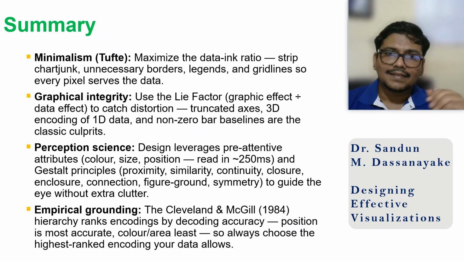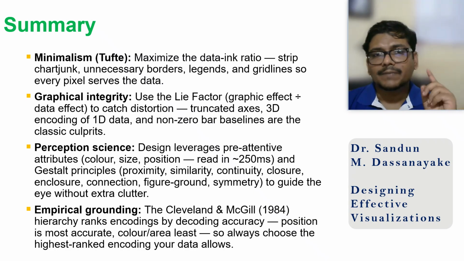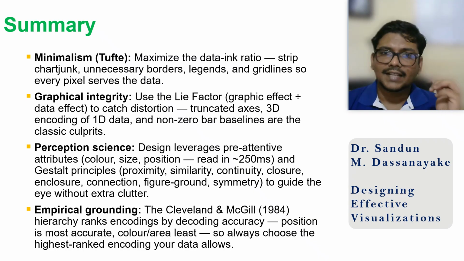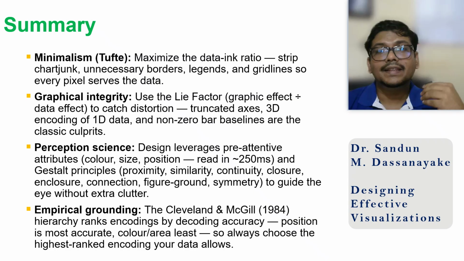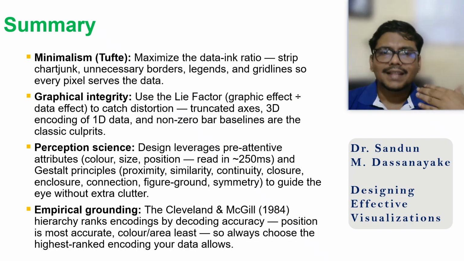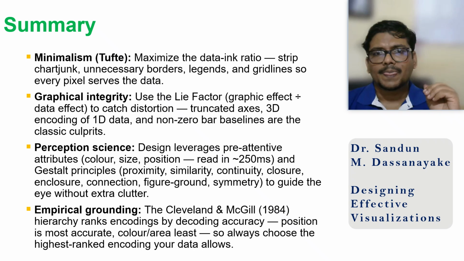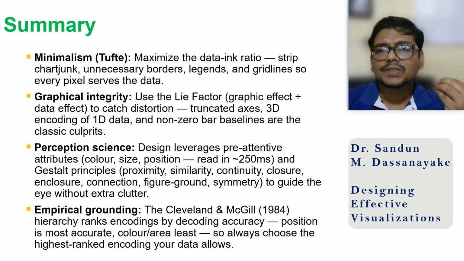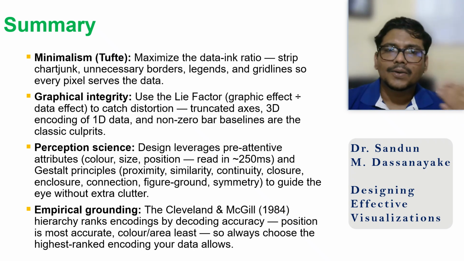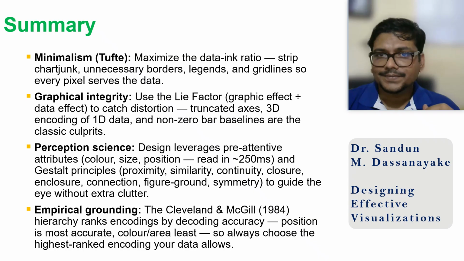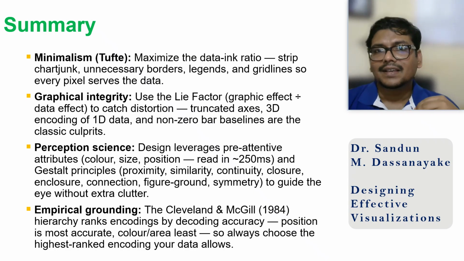And at last, grounding our choices in empirical research, like the Cleveland and McGill hierarchy from 1984, helps us select the most accurate encodings for our data, with position being the most precise and color or area less so. Let's meet in our next lecture.